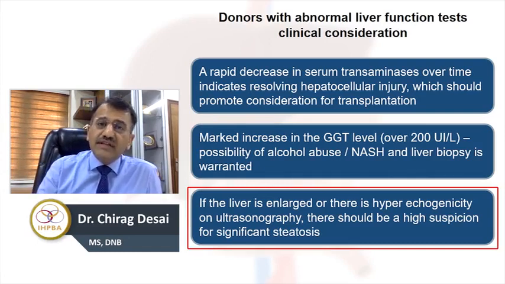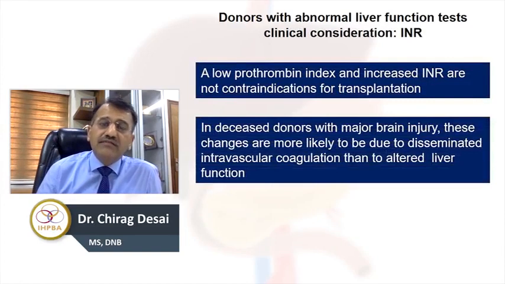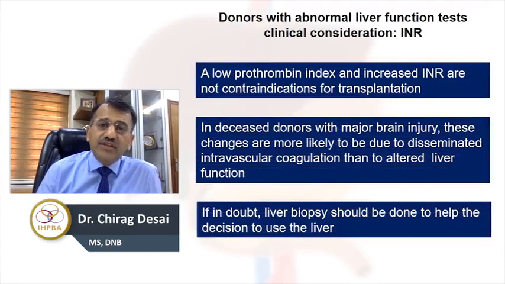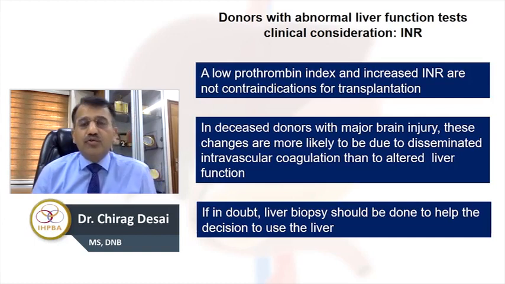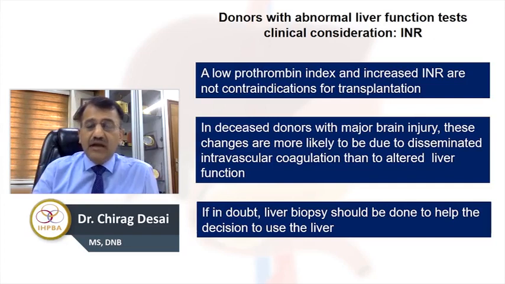So whenever there is doubt because of deranged liver functions in a potential donor, one must do liver biopsy and quantify the underlying damage, and then one has an easier job to do, and the effort should be to accept the liver as far as possible and allocate to the most appropriate recipient.